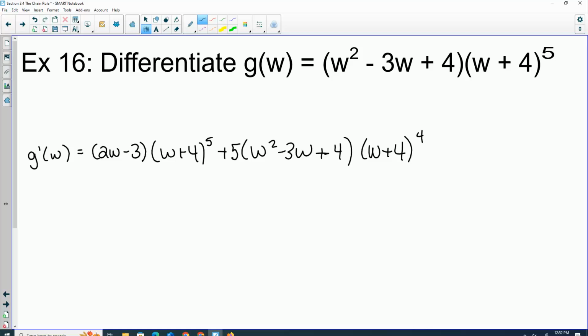Derivative of the first, derivative of the second.